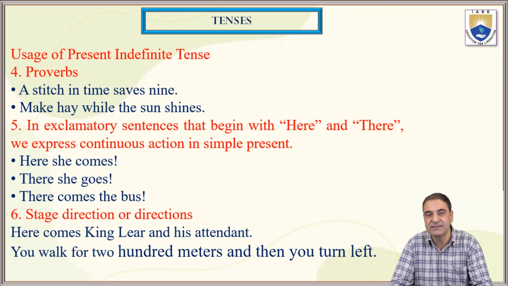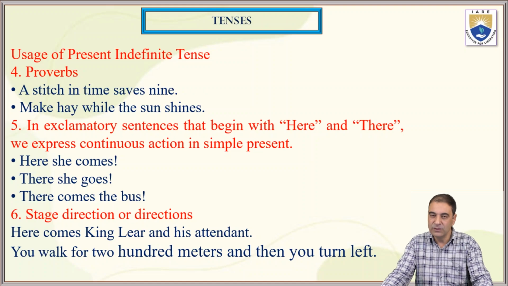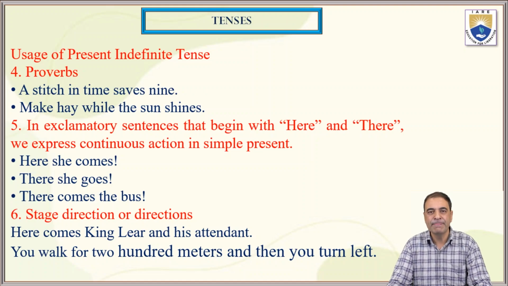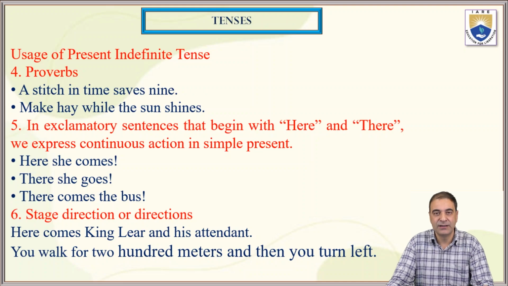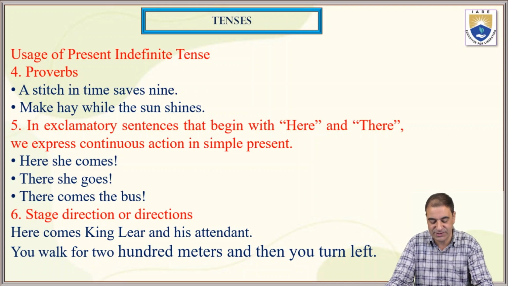There comes the bus. If you look at all these sentences, at the time of speaking, action is going on. It's continuous. It's happening right now. But still, we don't use present continuous tense. In fact, we are supposed to use simple present tense, not present continuous tense.